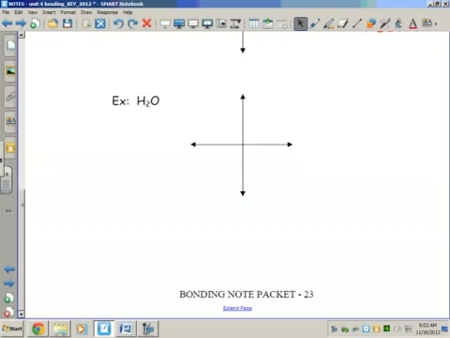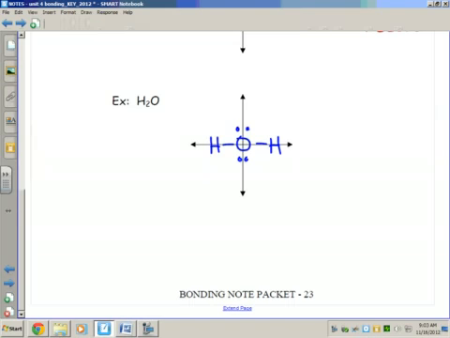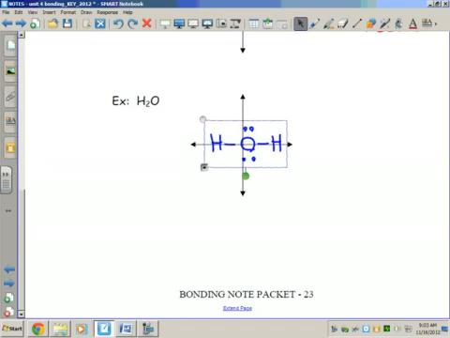Our second example can be drawn a couple different ways. And the first way I'm going to draw it is the way that would end up confusing a lot of people when it comes to the mirror test. If we said we've got an O, we know that O forms two bonds. It's got an H on both sides. And we draw our lone pairs. Well, that to me looks very symmetrical. I can flip this thing.